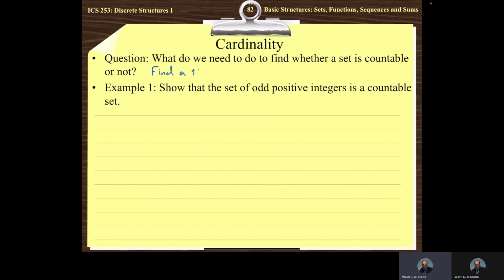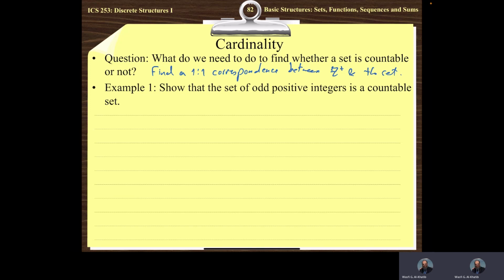Find a one-to-one correspondence between Z plus and the set. If you can find such a correspondence, you're done. If not, then we will see an example of an uncountable set, and we will prove it.